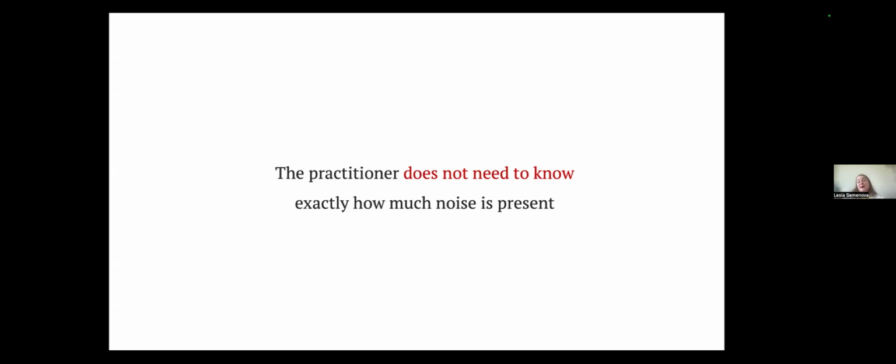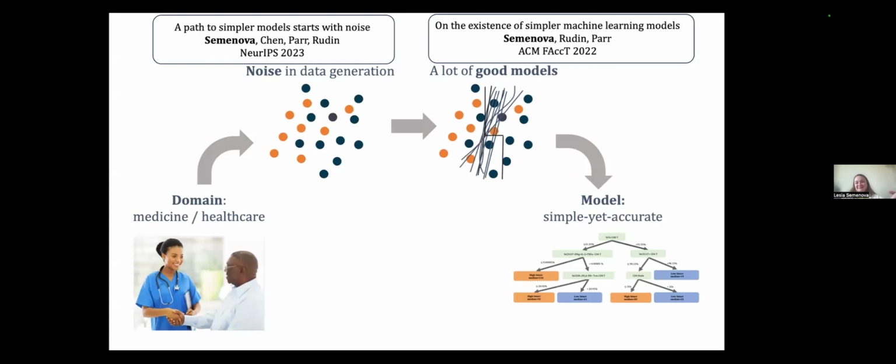Essentially, as long as some amount of inherent noise is present, we should consider regularizing for better generalization. On the opposite, and there has been work that shows this, if you expect no inherent noise at all, you can consider more complex models. In fact, as complex a model as you like, it will still generalize in that case. So as long as practitioners suspect some amount of noise, I would encourage them to follow this path.